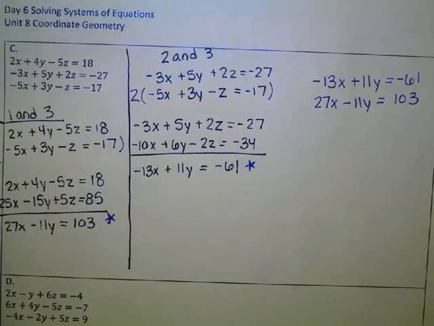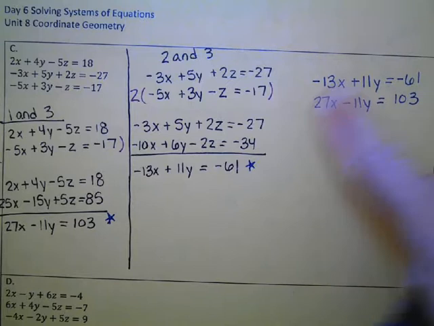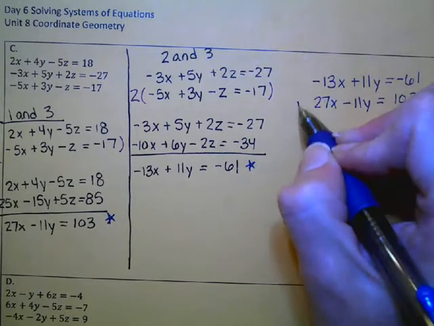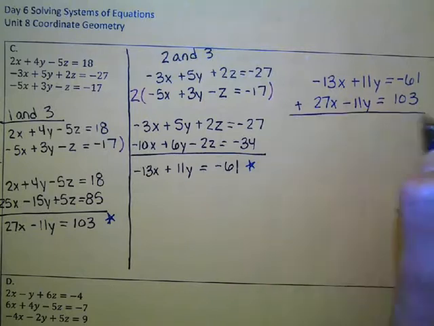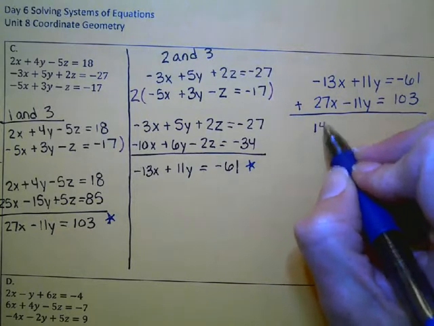Like I said, you really have the choice to use elimination or substitution here. Looking at these numbers though, it would be hard to get X or Y by itself without getting a decimal, so I'm just going to add these together.